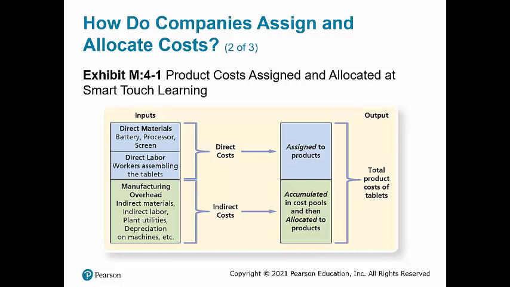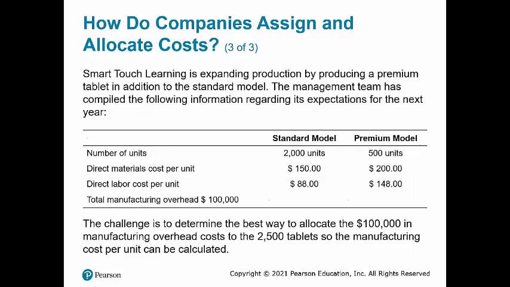But there are other indirect materials and indirect labor and other costs like plant utilities and depreciation that aren't easily traced to the product. So we accumulate those in cost pools, and then we allocate those to the individual products using that predetermined overhead allocation rate.